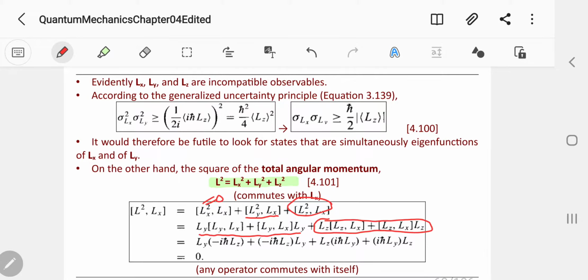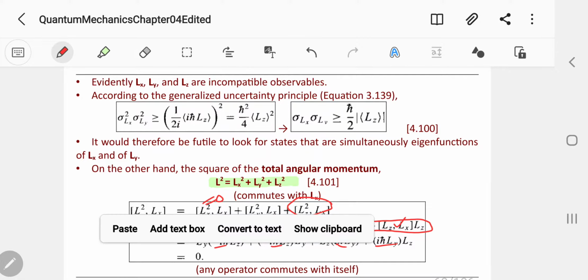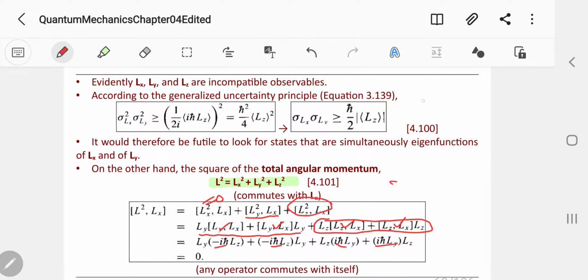So you have the commutators of these particular quantities, and they cancel because they're the same, only opposite in sign.